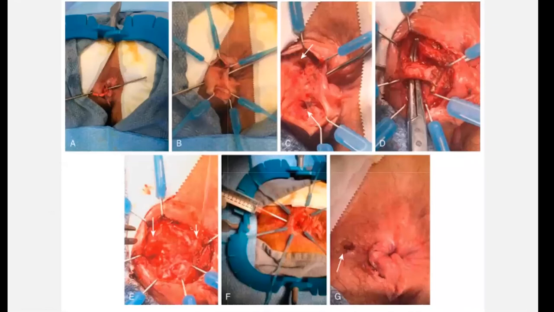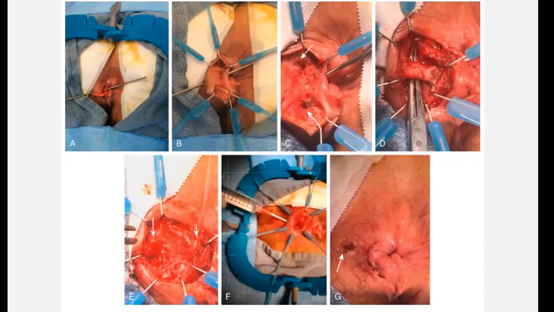This is a picture series of this procedure. A shows just a probe through the fistula tract. In B, oftentimes the Lone Star retractor can help with exposure. So you make an incision over the anoderm and try to expose the fistula tract.